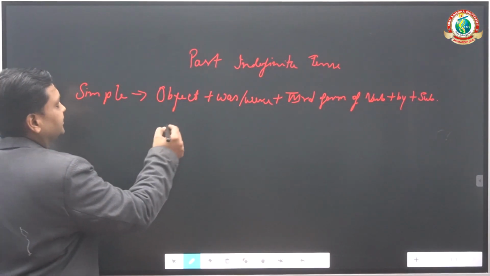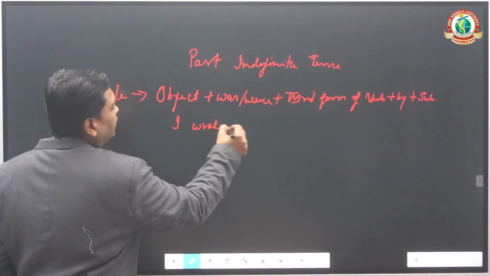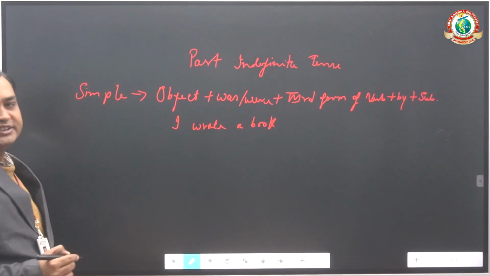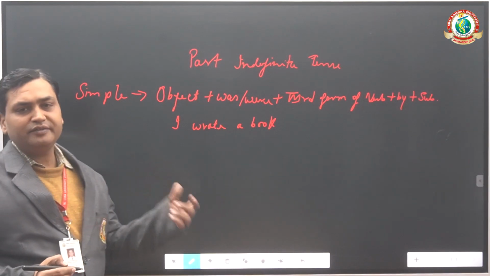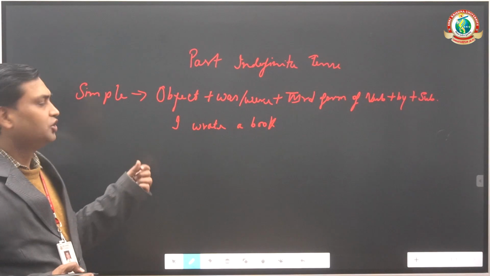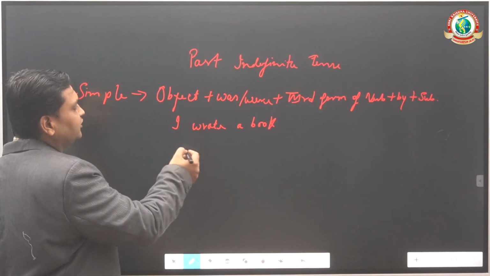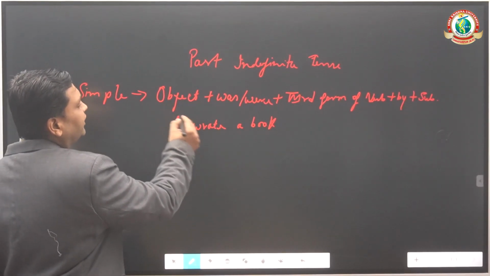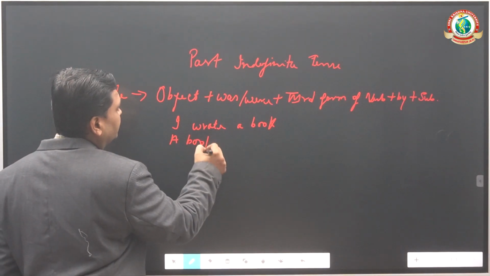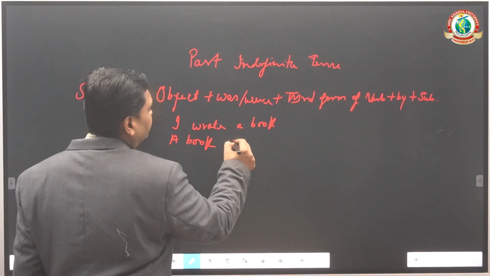Suppose the sentence is, I wrote a book. In this sentence, first of all we will recognize which tense this is. This is past indefinite tense. So we will frame this sentence in passive voice. First we add the object, a book. Book is singular, then we put was.